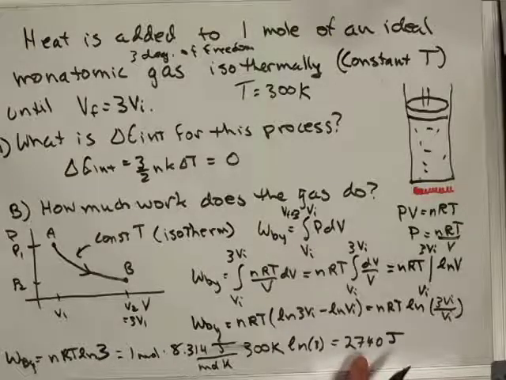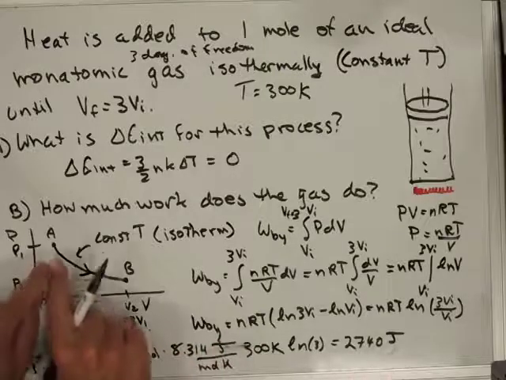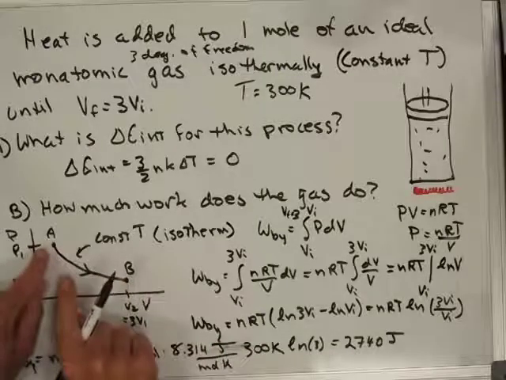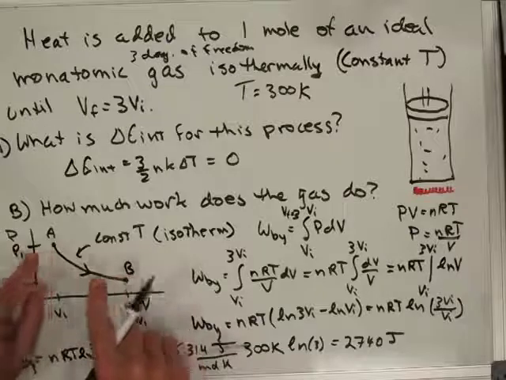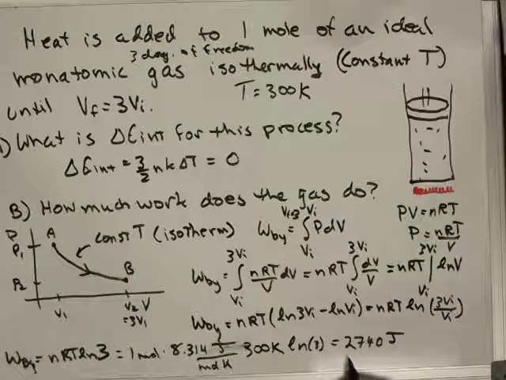So what I get for that is the work by the gas is 2,740 joules. Again, the gas is expanding because it's moving from left to right on the PV diagram, and so the gas is doing positive work. I could say the work on is the negative of that if I wanted to.